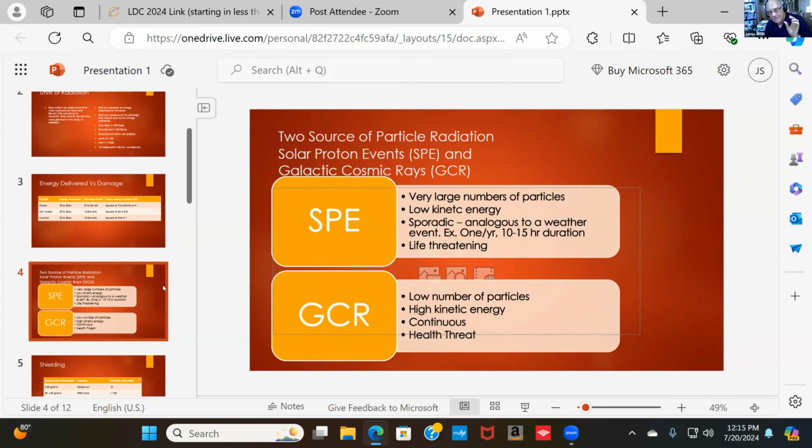With the difference between low kinetic energy particles and high kinetic energy particles, when we are putting up a physical shield, we're trying to render the particle harmless by absorbing its kinetic energy. So the lower the kinetic energy, the less material shielding we need to block those particles.